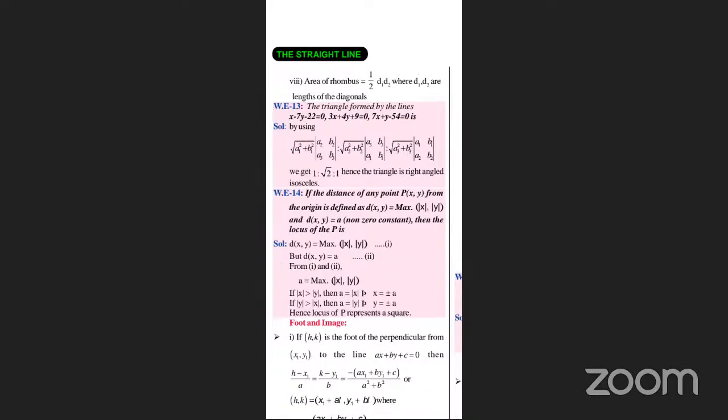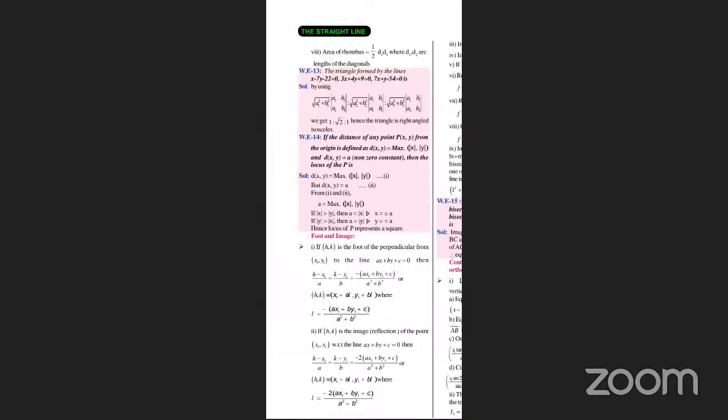Now, before going to foot and image, I want to discuss one topic. That is the number of lines, triangles and circles.